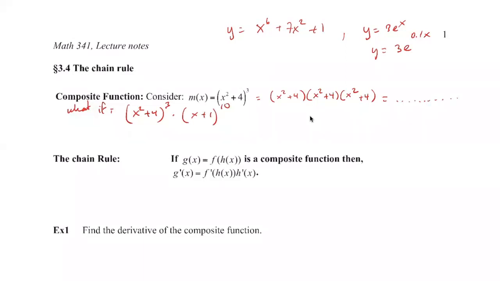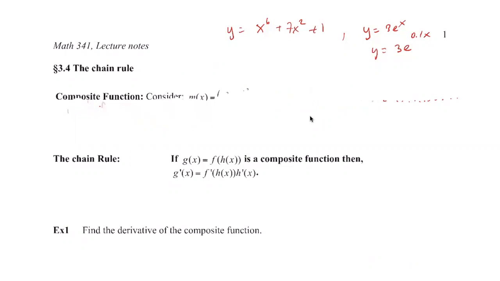We don't want to sit there and simplify this and then take the derivative of each term, because getting to the simplified form will not be fun. That's where we look at a new rule to do this much more efficiently, so we don't have to expand it out and FOIL it out over and over again.